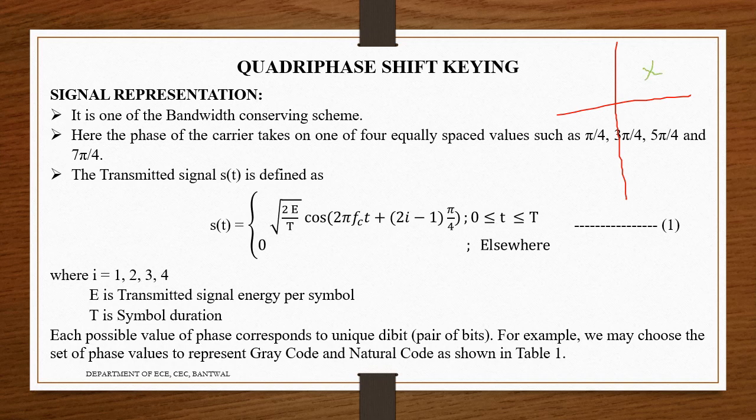Next one is 3 pi by 4, so 135. Next one is 5 pi by 4, so 225. Next one is 7 pi by 4, that is 315.